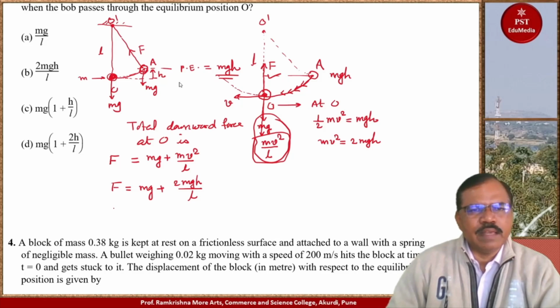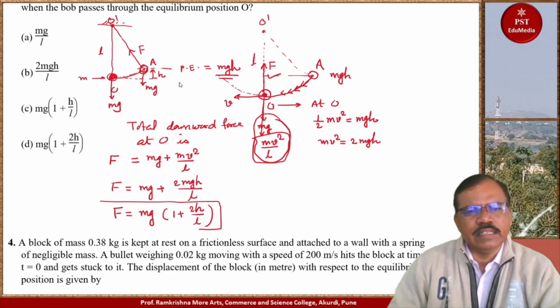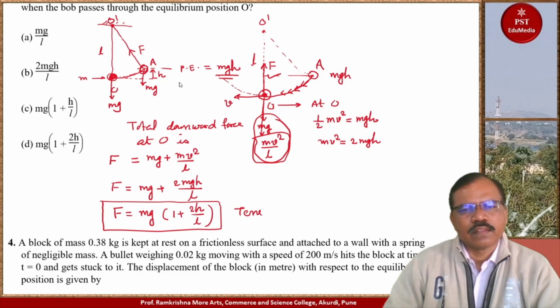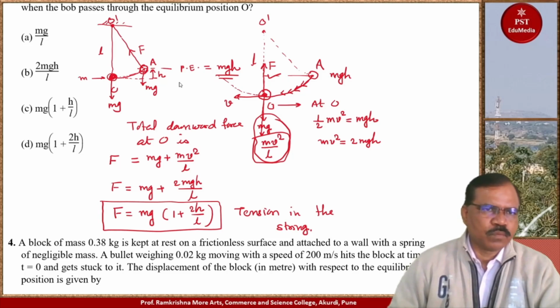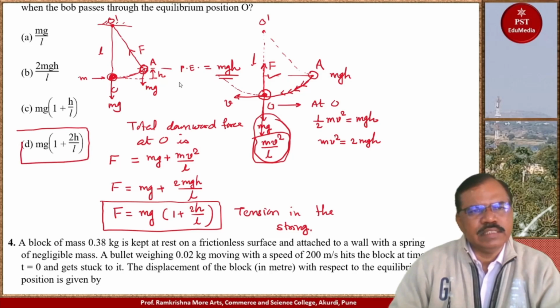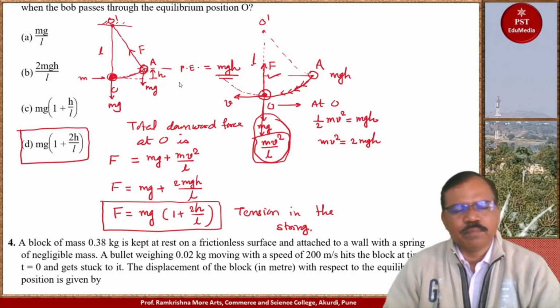So F is equal to mg, I can take common, in bracket 1 plus 2h by L. So this is the tension in the string at equilibrium position O. Out of the 4 alternatives, the last one is correct: mg in bracket 1 plus 2h upon L.